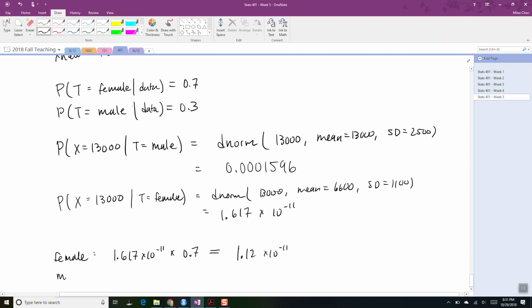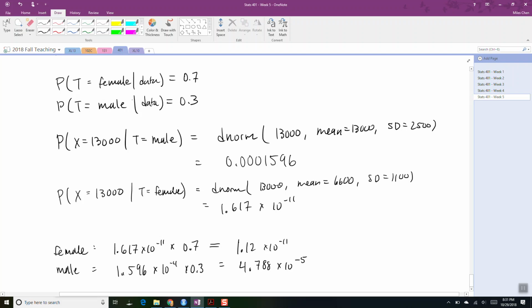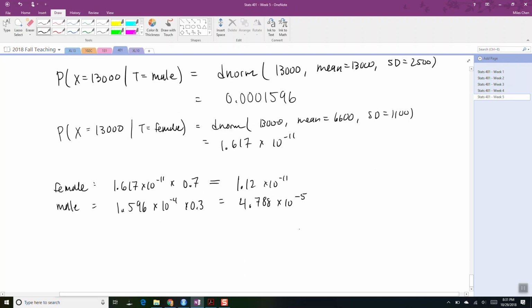And then for the male, it's going to be 1.596 times 10 to the minus 4 times 0.3, and we get 4.788 times 10 to the minus 5. Then, if these things have to add up to 1, this is going to be like 0.9999 something, and this is going to become 0.0001 if you normalize these. So this just kind of confirms it.